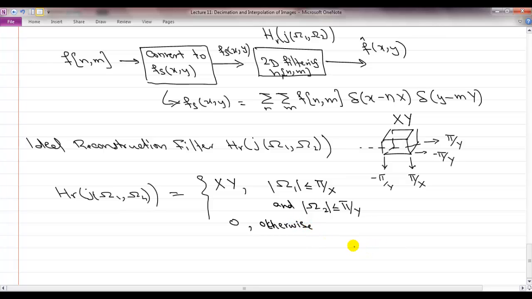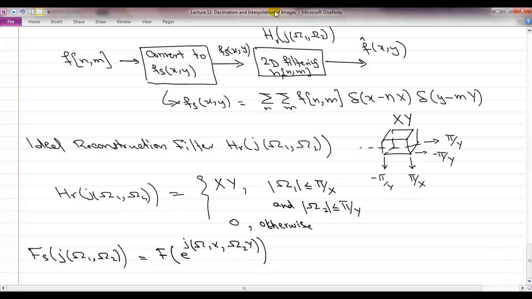So in the presence of the reconstruction filter, we already know the relationship between the Fourier transform of f_s of xy and f of nm. We just did it previously. We know that the relationship between the two is simply a scaling of the frequency axis, so that is f of nm e to the j omega 1 x omega 2 y.